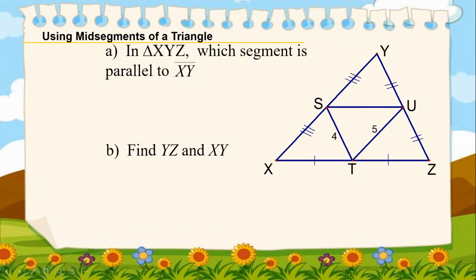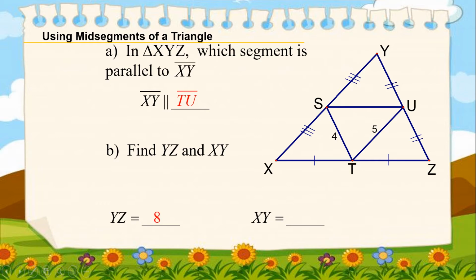Using midsegments of a triangle. In triangle XYZ, which segment is parallel to XY? In the given figure, XY is parallel to segment TU. Next, find YZ and XY.